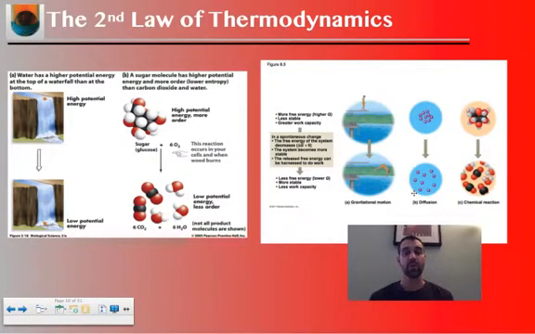If what we're doing is creating a more disordered environment, we're always releasing this energy. Why is it that we have to keep doing what we do? There's energy stored in these chemical bonds. We're going to break them down. We're going to create disorder.